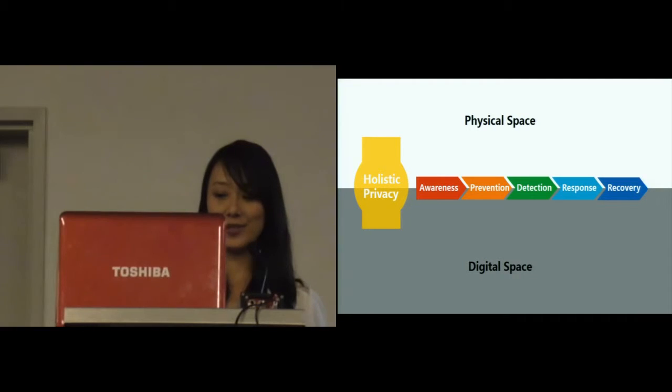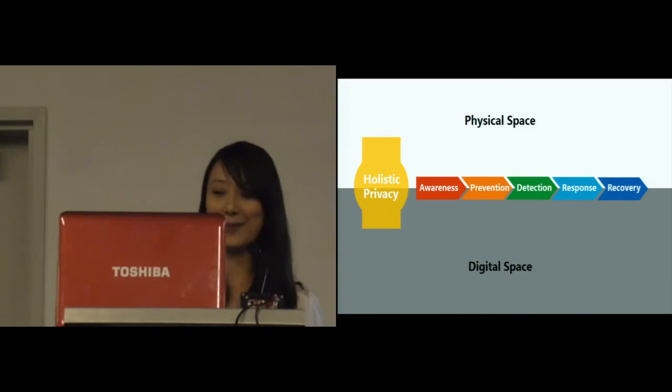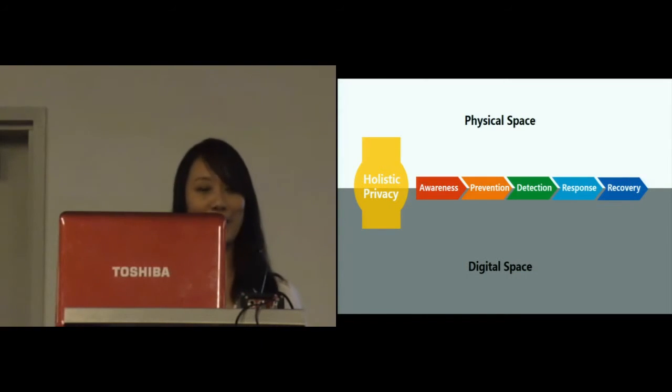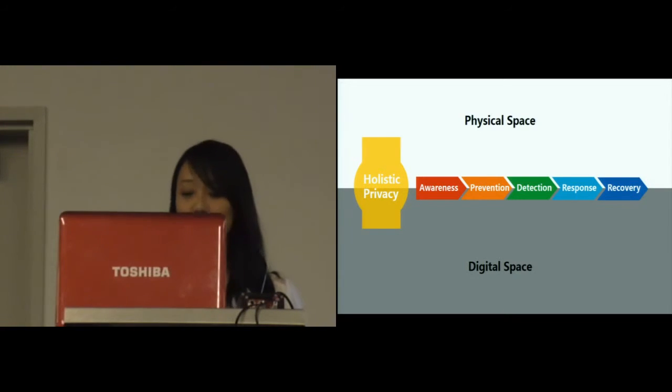Third, the privacy processes are all integral parts of a whole, so physical and digital measures can collaborate to fulfill people's needs. For example, a person can choose to detect a privacy breach by themselves while delegating the response to the system.